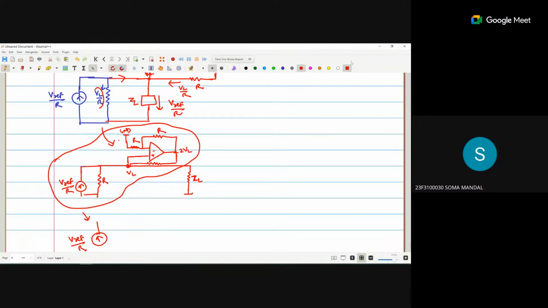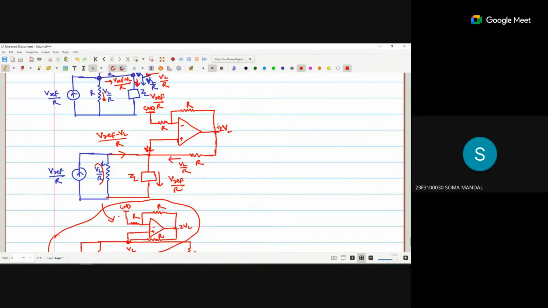In the op-amp, there is resistance. Which resistance? This one? Yes, yes. R, same resistance. R, R, R. We only change this, we only basically shift this point from here to here.